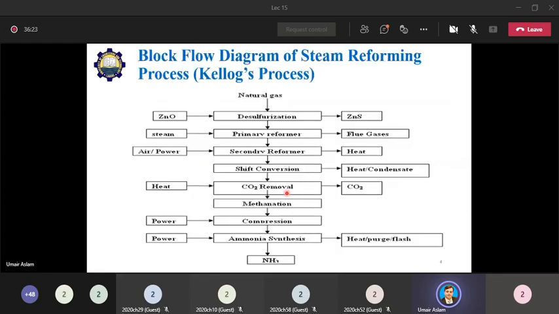The most famous process for the manufacturing of ammonia is the Kellogg's process. Kellogg's process basically uses a hydrocarbon as a source of hydrogen and air as a source of nitrogen. And then this nitrogen and hydrogen combine to form ammonia gas.